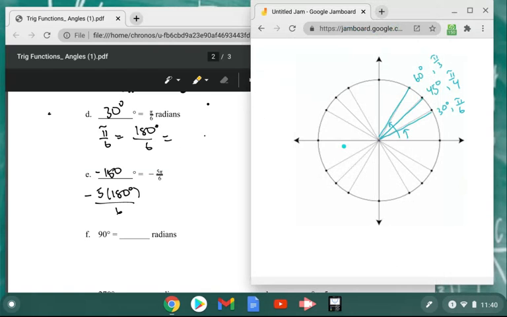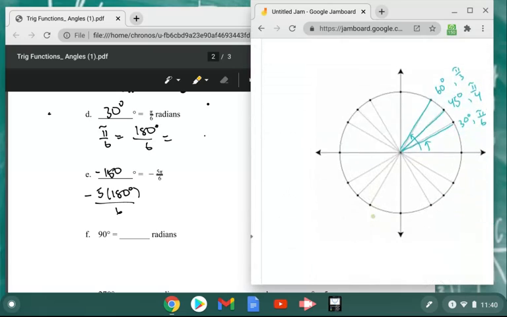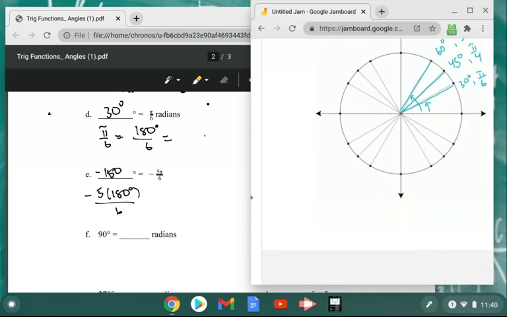As I'm traveling counterclockwise, let me grab a different color pen here. If I'm traveling counterclockwise 150 degrees, I'm not quite to 180 degrees. I'm 30 degrees shy. So I'm traveling from the positive x-axis to here. So this guy right here, moving in the negative direction, is negative 150 degrees, or negative 5 pi sixths.